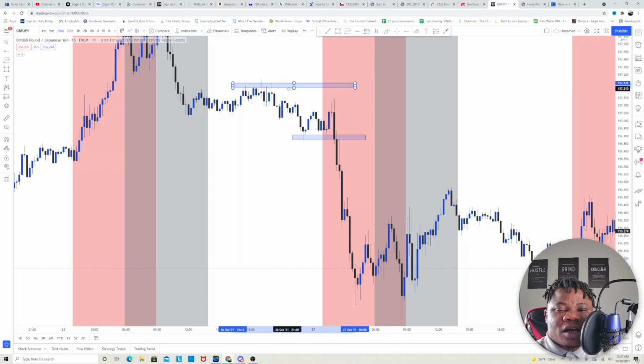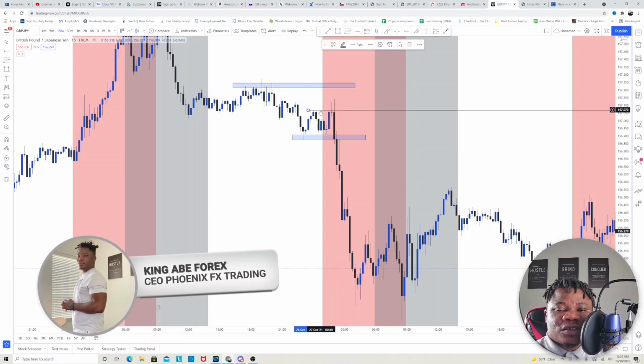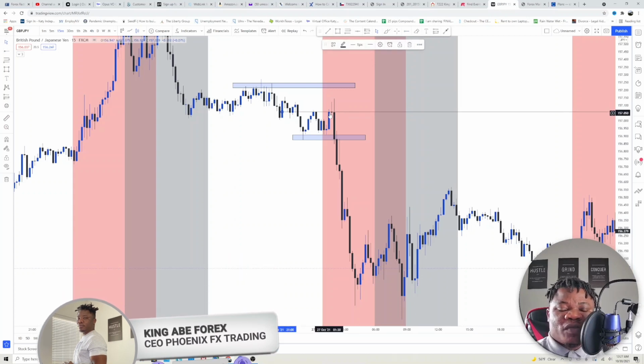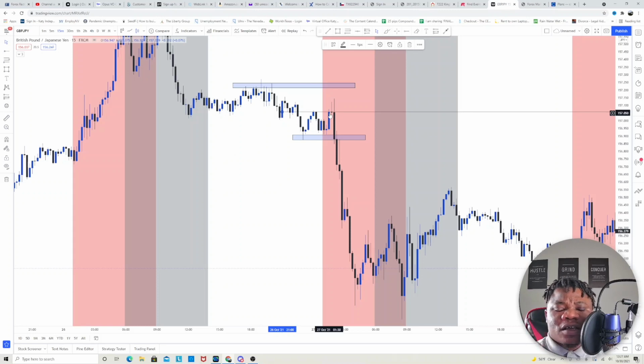We have a high for the Asian session right there, and a high here for the Asian session as well. So as you can see, now we have those zones. Now we've identified our highs and our lows for the Asian session.